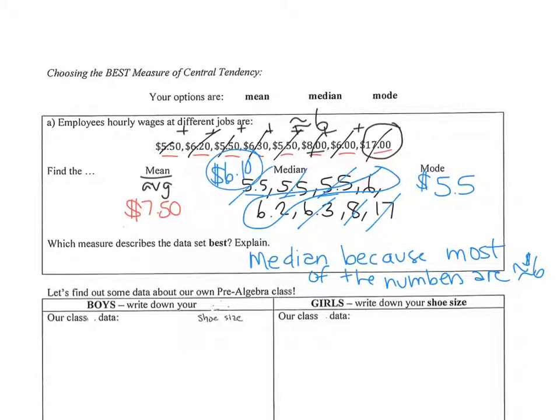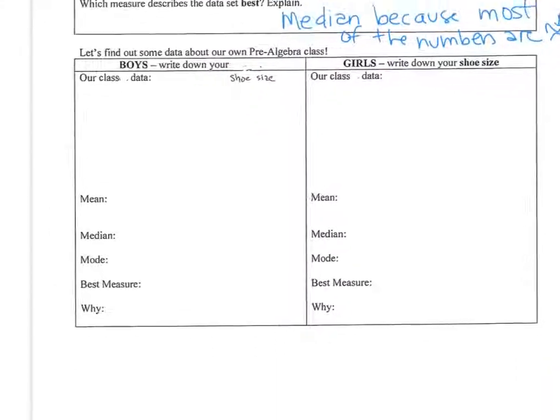Sometimes the mean, if you have an outlier like 17, can throw off the data set too much. And I don't want to choose 5.5 because that was the lowest number. And then down here in class, we're going to do these together.